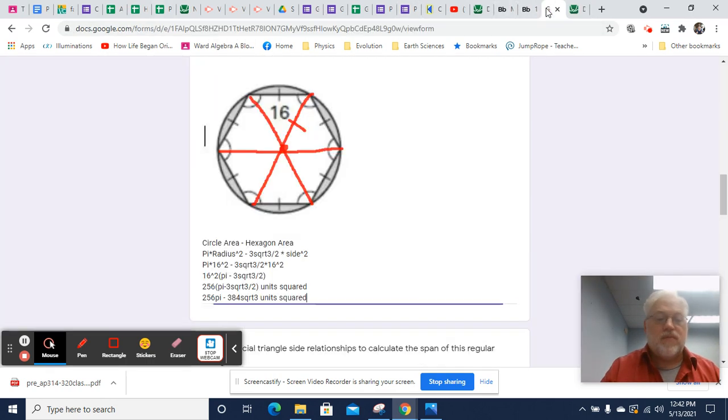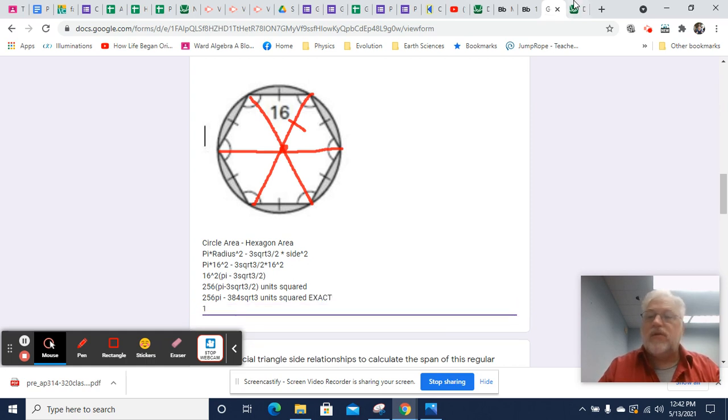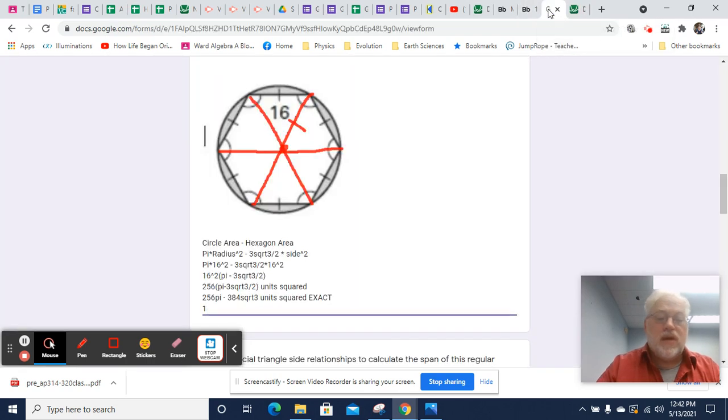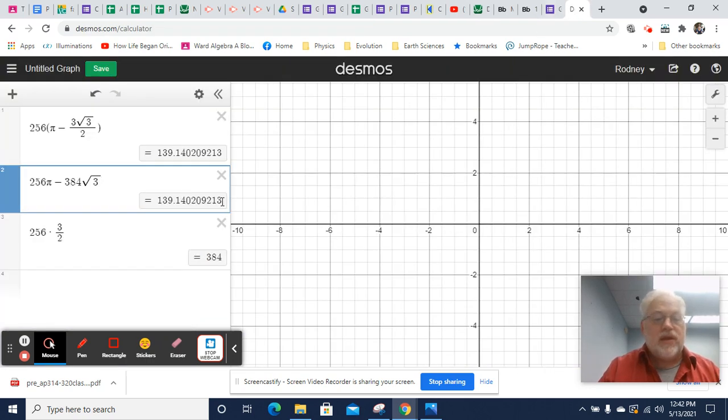So we'll put that in there. That's exact. And 139.14 square units estimated. Okay, because that is an estimated answer. I had to round it. If I kept going out here, that's a rounded number. I couldn't just copy all of that. But that is your answer.